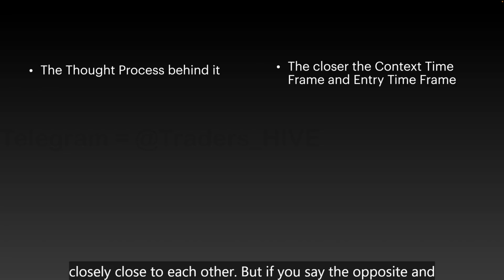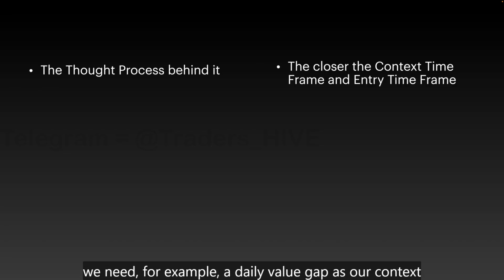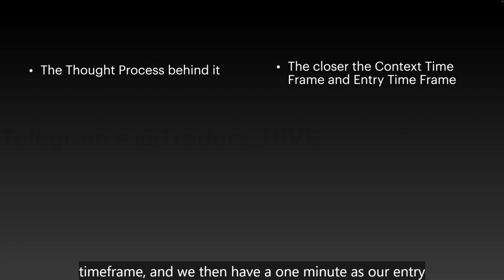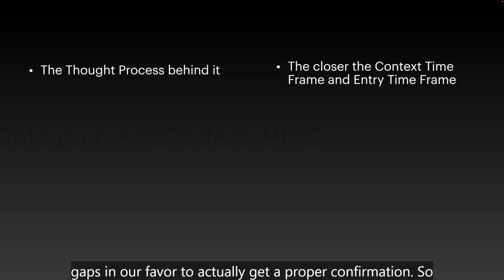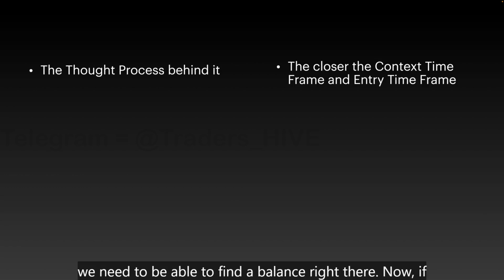But if you say the opposite, and we need, for example, a daily value gap as our context time frame, and we then have a 1 minute as our entry time frame, we are going to need a lot of fair value gaps in our favor to actually get a proper confirmation. So we need to be able to find a balance right there.